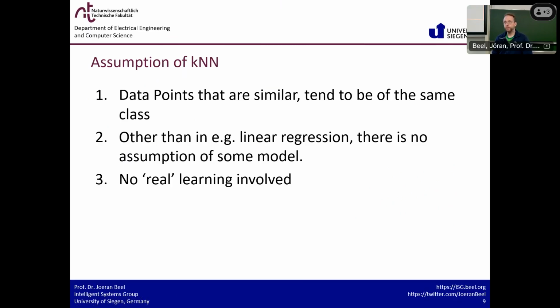There's no real learning involved here. That's why I'm not so happy to call that a machine learning algorithm. It's rather, again, a heuristic, this assumption that entities that share the same attributes also have the same taste. Often it works well, also with smaller data sets, so it just works, that's very good.